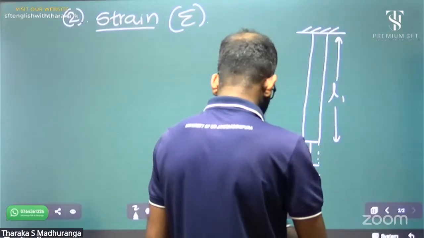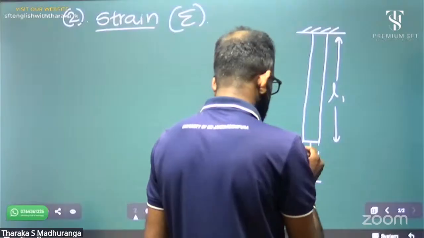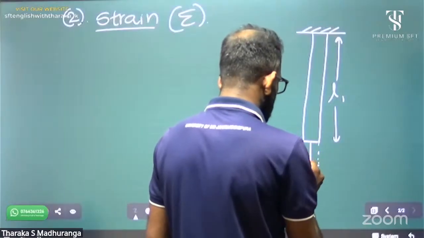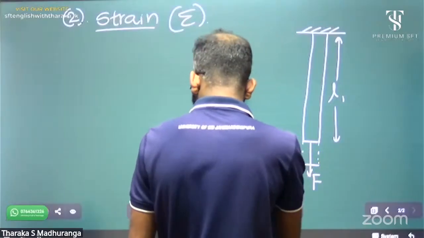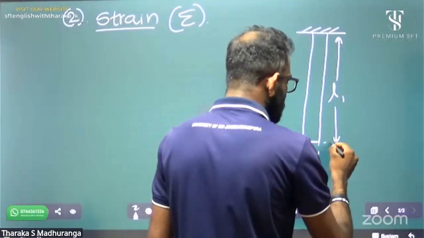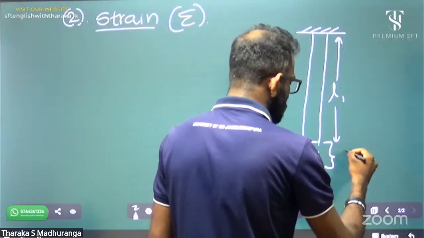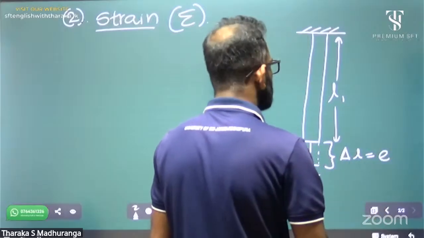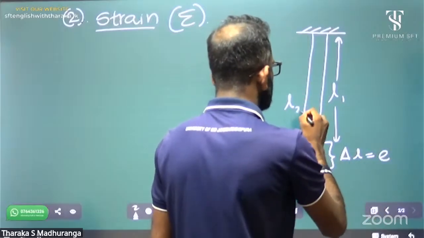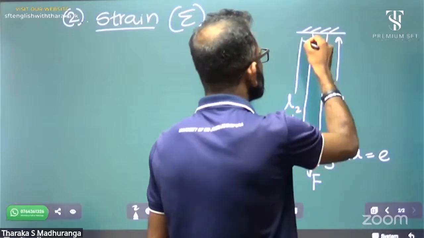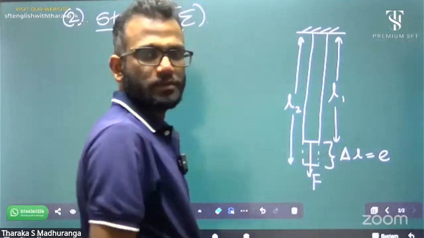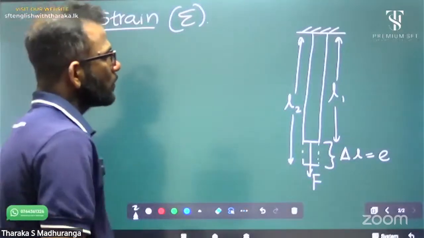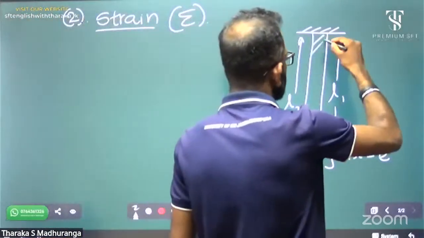That increase in length we call the extension, delta L, equal to the extension E. Now this is the final length, L2.